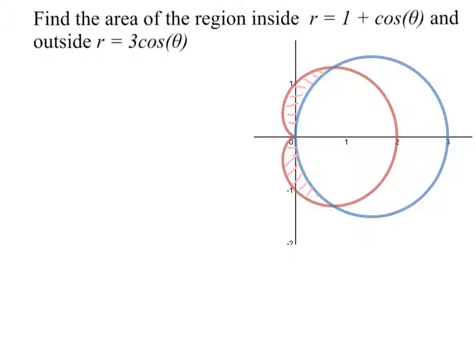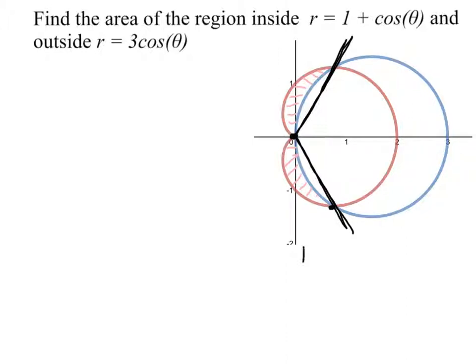Now, I always recommend with something like this, drawing a line from the origin to the point of intersection, like this, and then over here as well. And we have to figure out where those two things intersect. Let's figure out what those angles are.